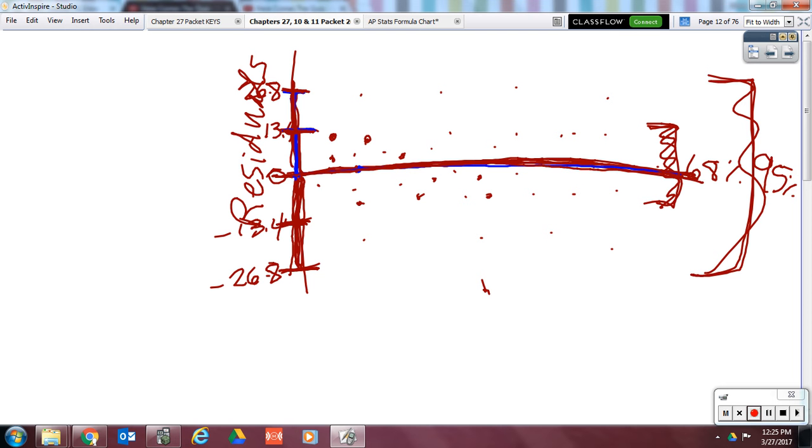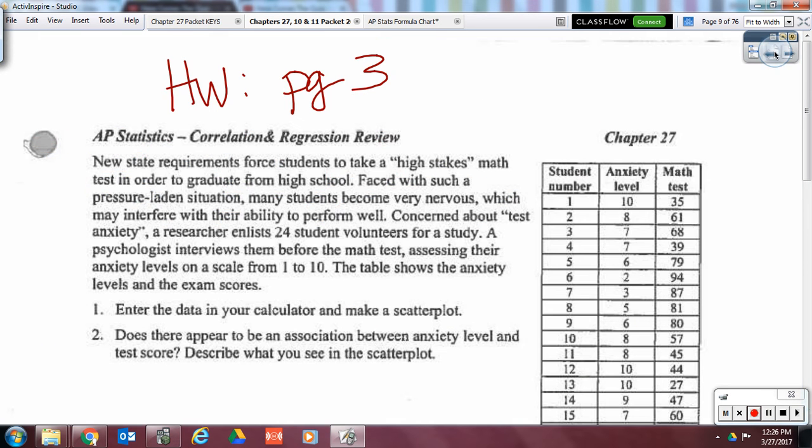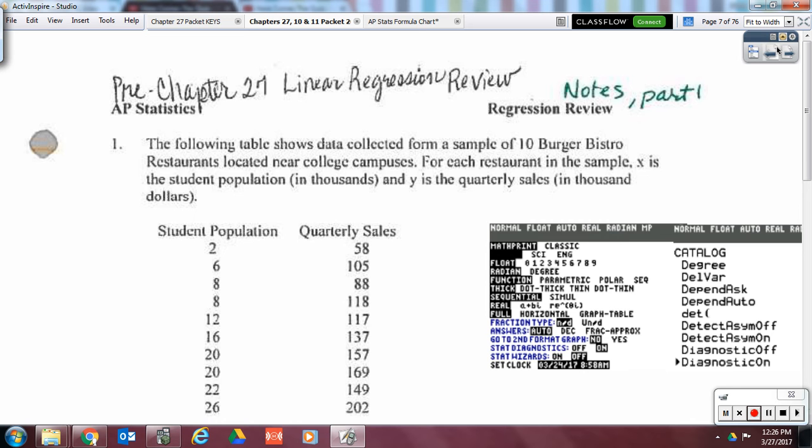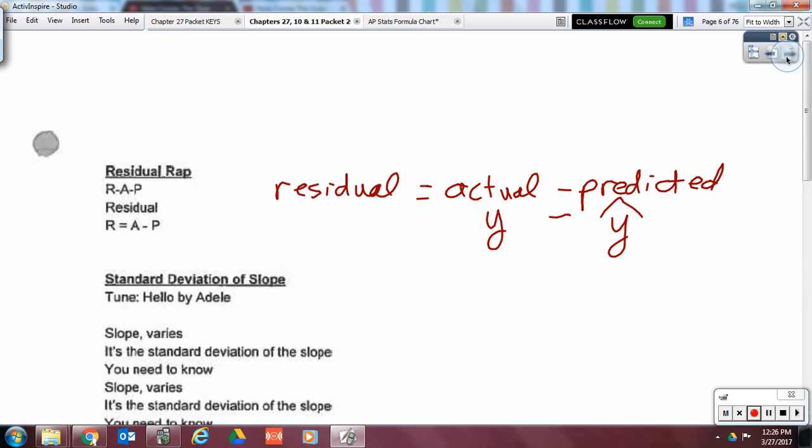So the standard deviation of the residuals is the average amount that the actual y value varies from the predicted y. If we go back here and look at our words for that, there it is.